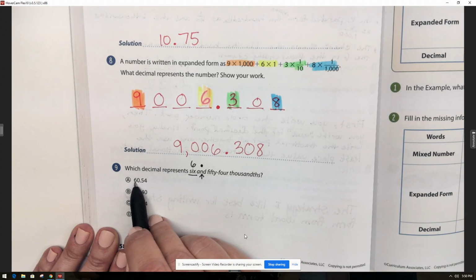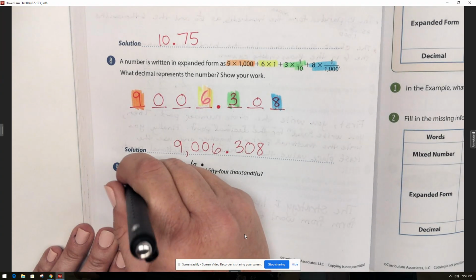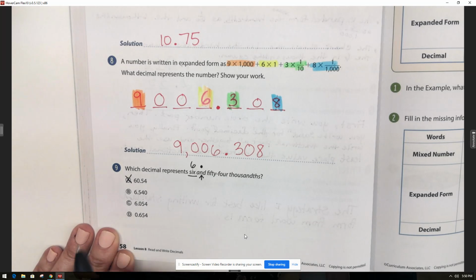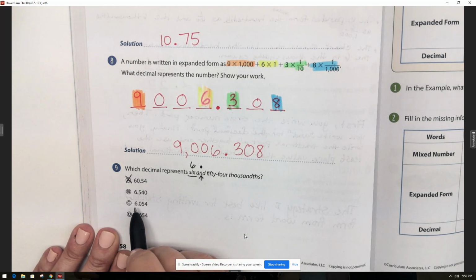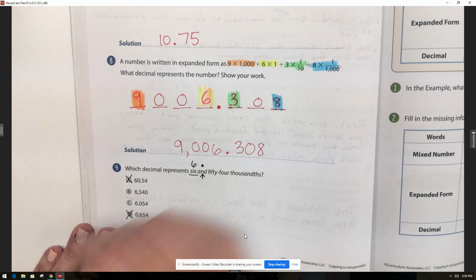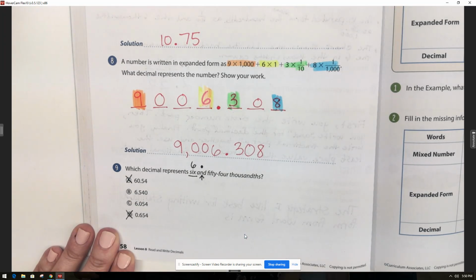So here I see 60 before the decimal, so that one can't possibly be right. Here I see a 6 before the decimal, so that's still in the running. On C, I also see a 6 before the decimal, so it's still in the running. And then on D, there's a 0 before the decimal. So again, this one could not possibly be right.